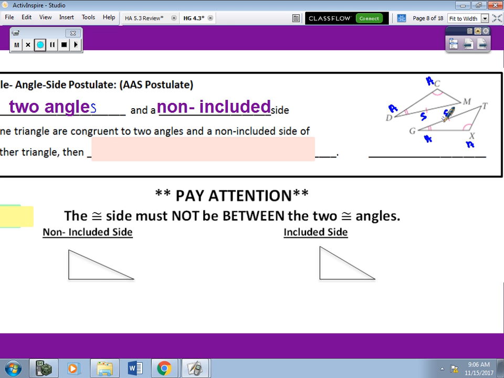You know two angles of one triangle are congruent to two angles of the other. What else do we know about the third angles? Marquise? The third angles theorem would tell me that actually these are also congruent.